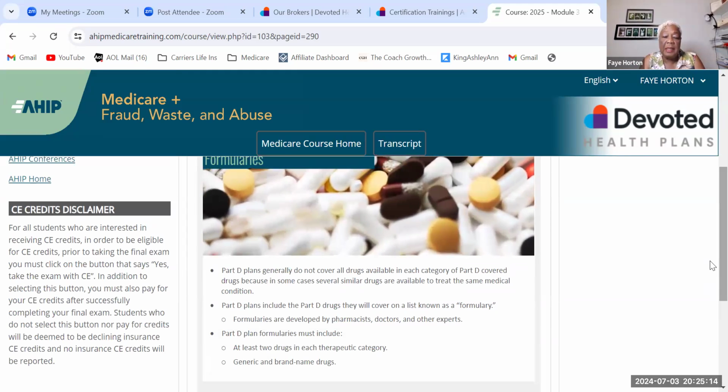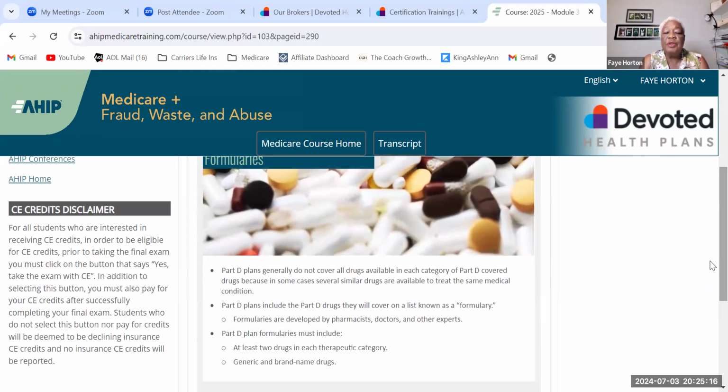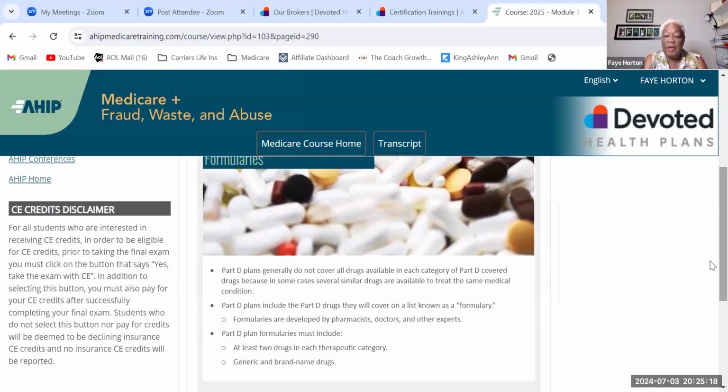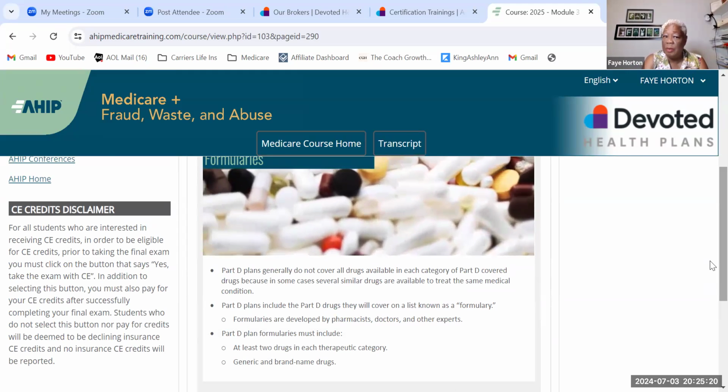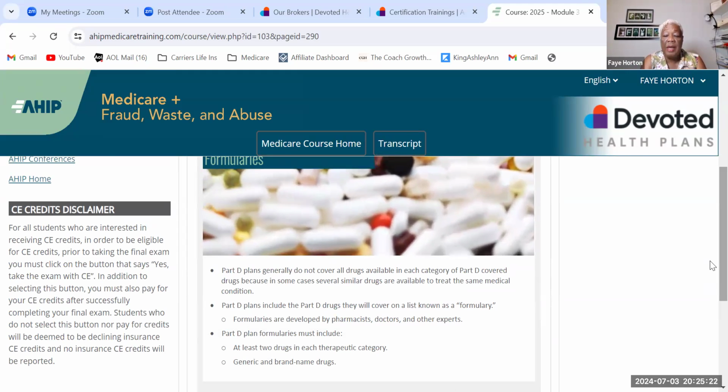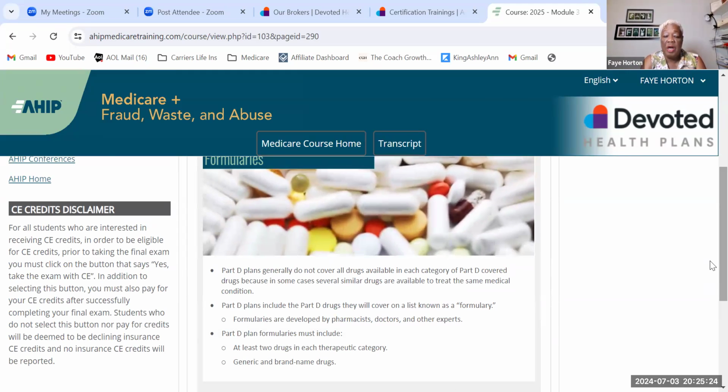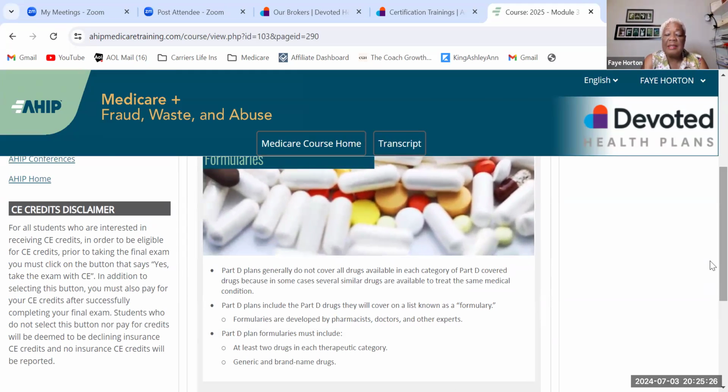Part D plans generally do not cover all drugs available in each category of Part D covered drugs because in some cases, several similar drugs are available to treat the same medical condition. Part D plans include the Part D drugs they will cover on a list known as a formulary.